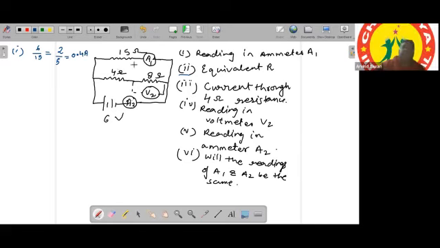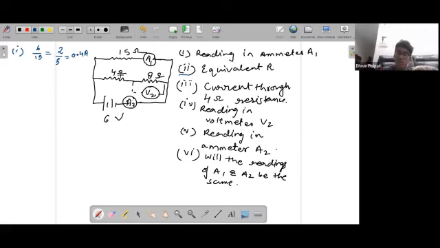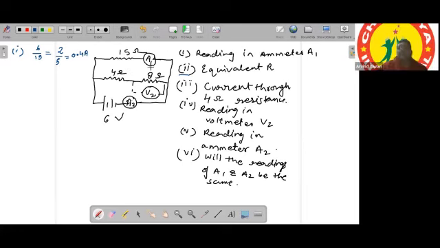Sir, I took the resistance as 20 by 3. The ammeter A1 represents the current flowing through the 15 ohm branch. The 15 ohm branch and the equivalent of the other are connected in parallel, and in a parallel combination, potential remains the same.